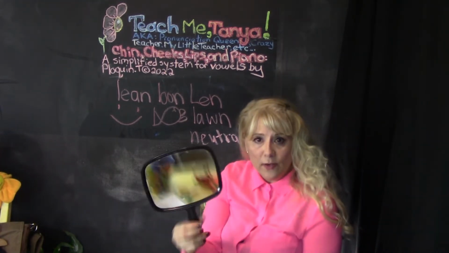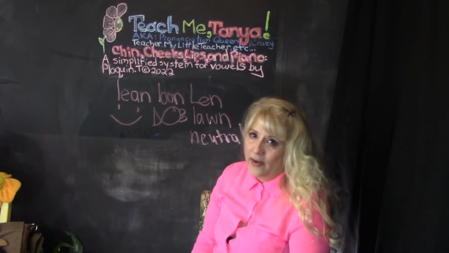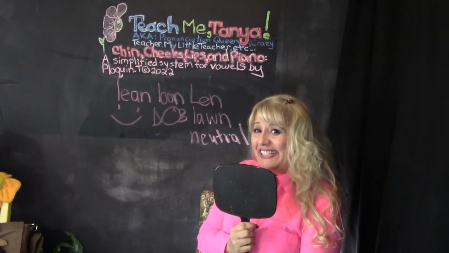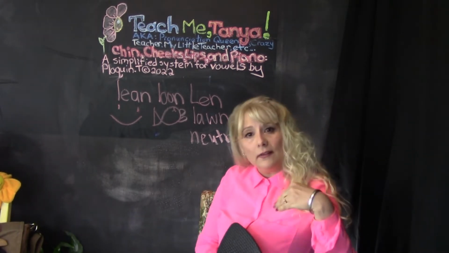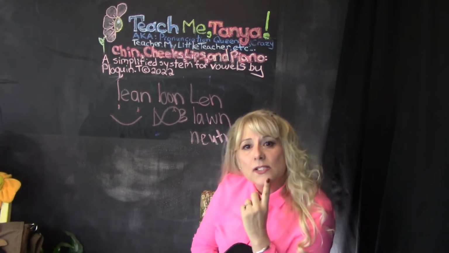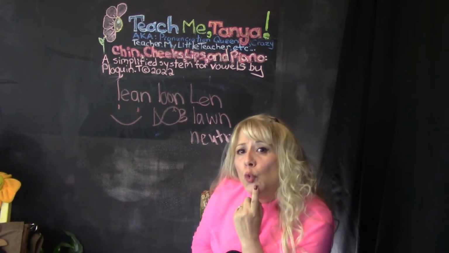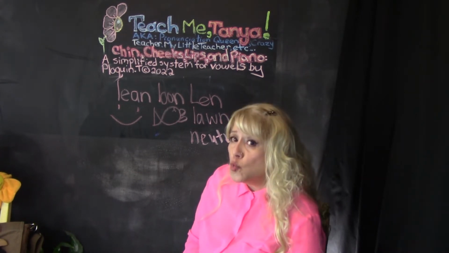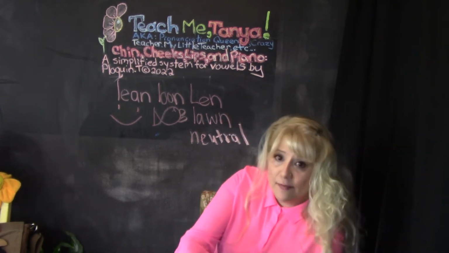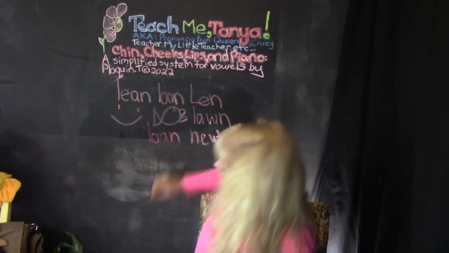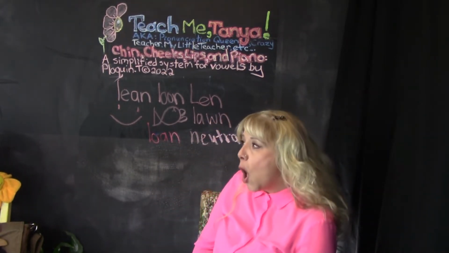You're checking in your mirror. It's very easy to check. Smile. Lean. Rounded, like a kiss. Loon. Or that surprise sound, loan. We could also put that in there if you'd like, L-O-A-N. Yeah. Round it, loan.